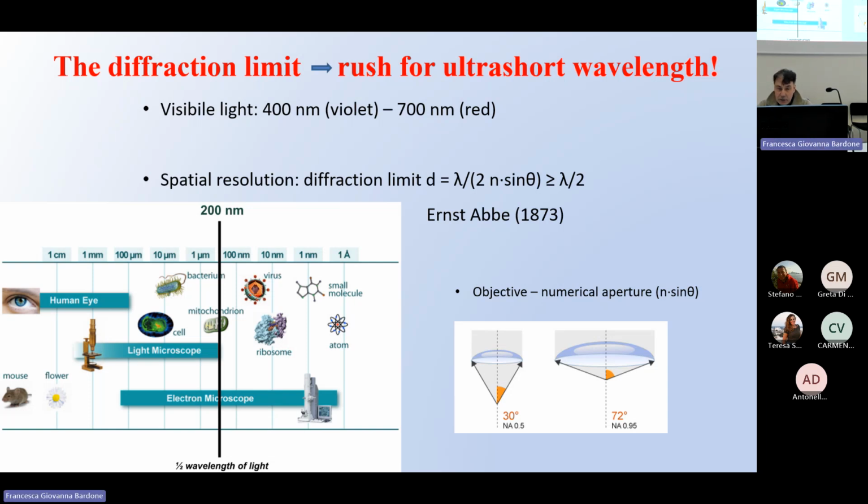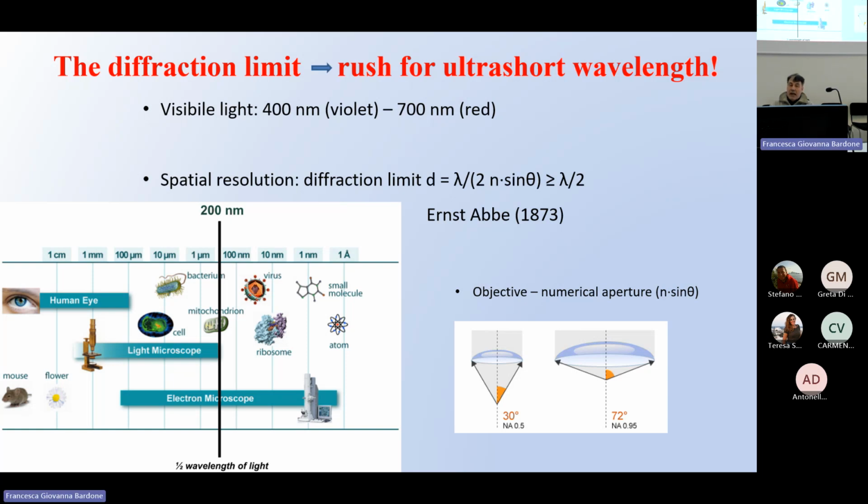And in this case, you see in the back of the slide here, with the electron microscope, using electrons, and this is the reason why I told you at the beginning, with electrons, you have a very small wavelength. And since the wavelength is very small, the diffraction limit is close to the size of the object you want to observe.